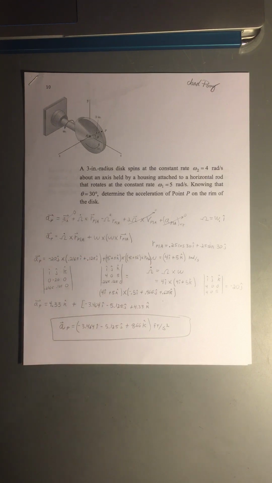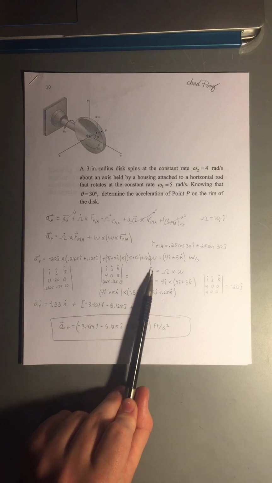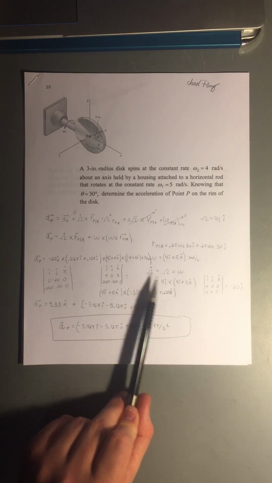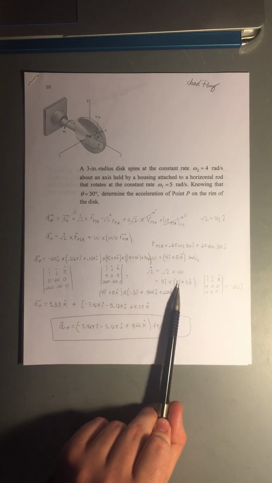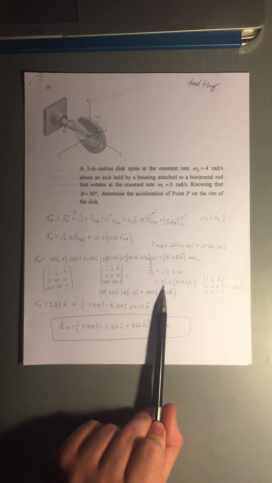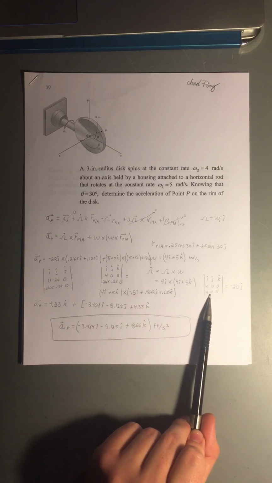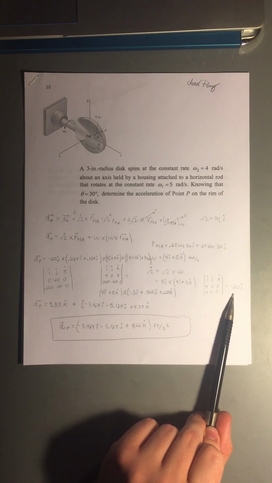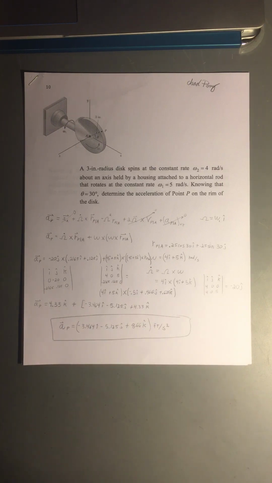And then we also can calculate our alpha term right here by doing this cross product. We cross omega right here with this omega 1, and doing those cross products we can find out that our alpha term will be negative 20 in the j hat direction.